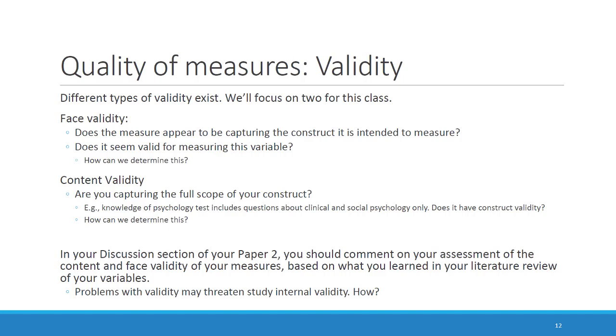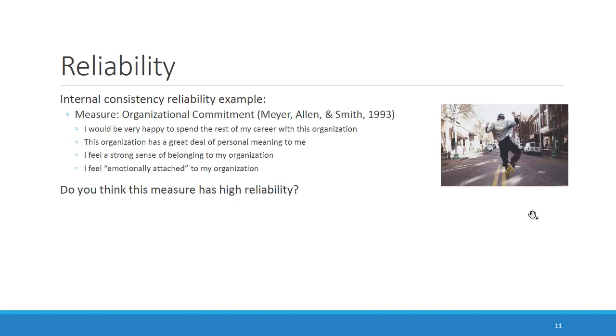If we look at the example that we just went over for organizational commitment, and we think about what organizational commitment is, the degree to which someone feels committed to their organization and intends to stay with their organization, and we look at the questions that are being asked, well, knowing what we know about organizational commitment, this scale does appear to be face valid.